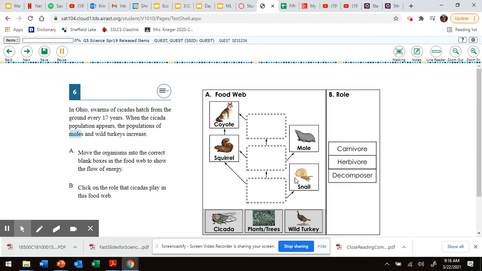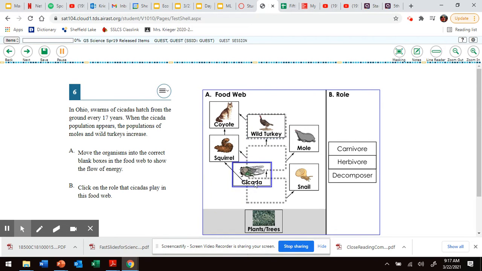Okay, so based on this diagram and the fact that cicadas make moles and wild turkeys increase, we should move down here. You could actually not be in present mode. You just drag the wild turkey right here because that is saying who eats a turkey? A coyote.